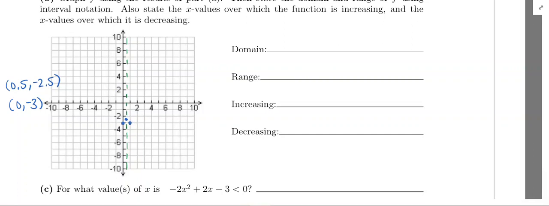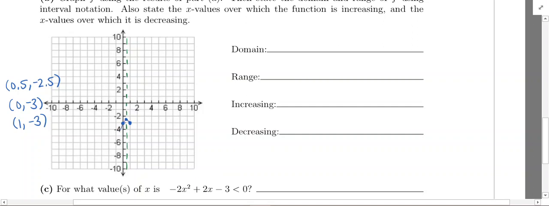This point that I just drew in has coordinates 1, negative 3. Because the parabola has to be symmetric about the axis of symmetry, that point will be on the parabola. So now you've got your 3 points.